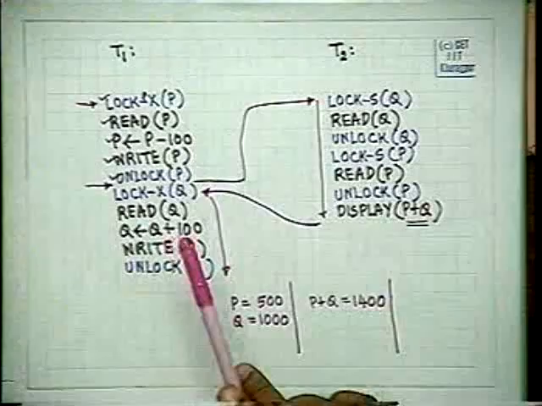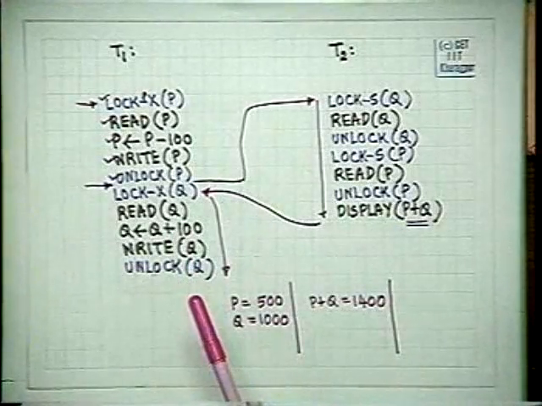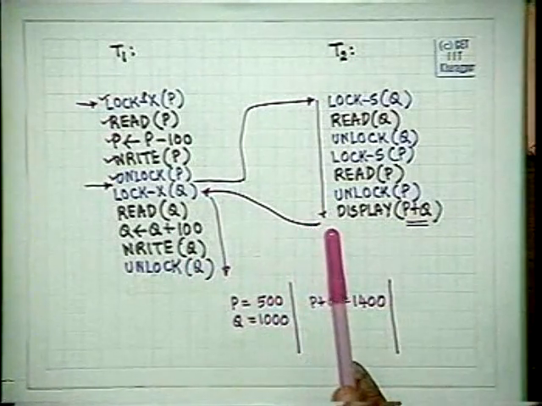So, arbitrary writing of lock and unlock protocols will not help. So, is there any guideline for writing out locking, which are called locking protocols, regarding how to write down your locks and unlocks in a manner so that your concurrency is maintained, that is, you still do have some concurrency and yet you do not land up in inconsistent situations, particularly you have schedules which are at least conflict serializable. We shall study that in the next lecture.